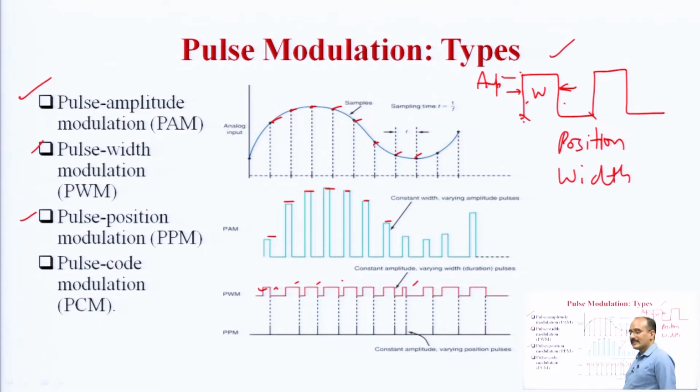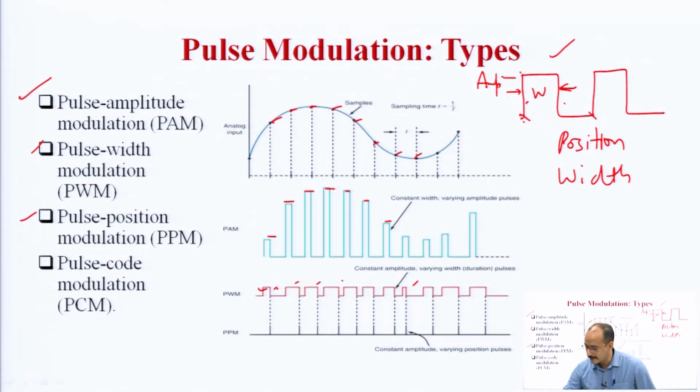You are applying an analog signal as the input signal, and you know that all the inputs coming from the various sensors are analog in nature. You apply that analog signal to the pulse amplitude modulator, pulse width modulator or pulse position modulator and get the pulse shaped or binary output at the end.